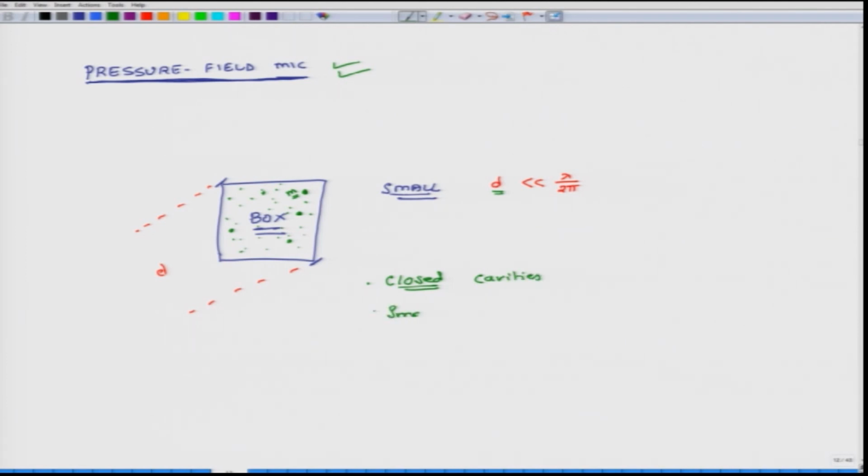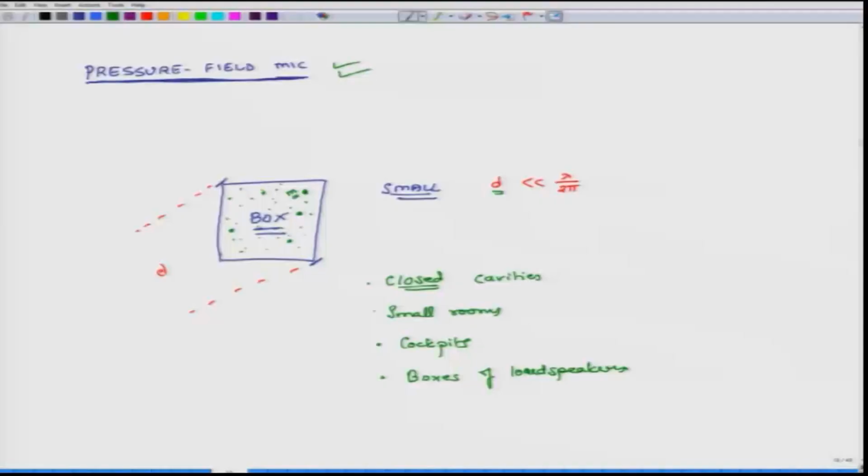Closed cavities, small rooms, cockpits, okay, boxes of loudspeakers. You know, sometimes we have a transducer or a speaker mounted in a closed box.